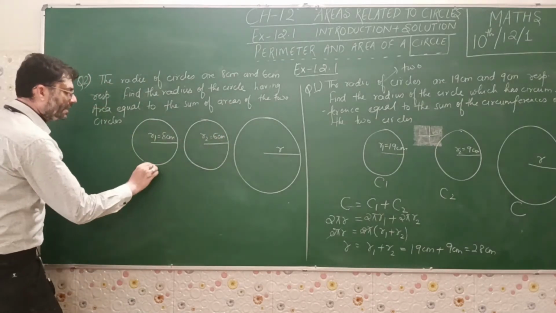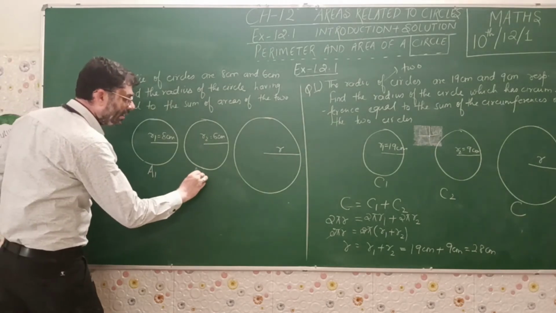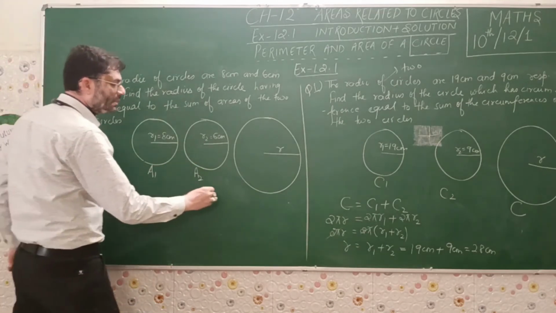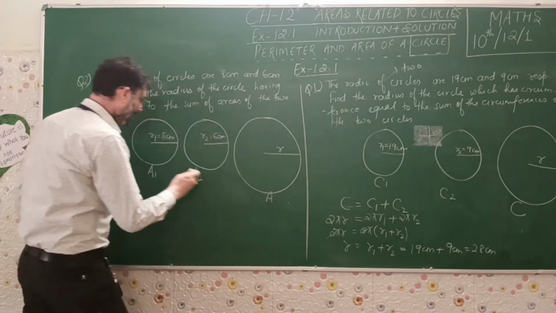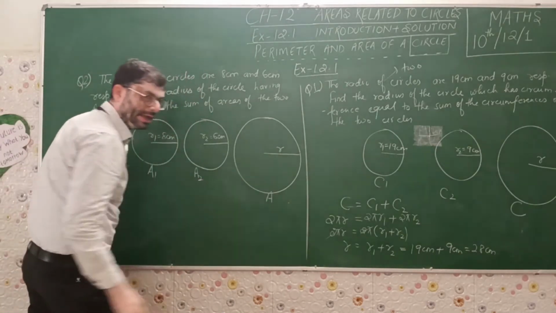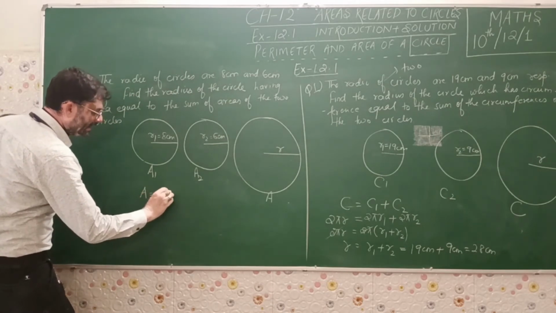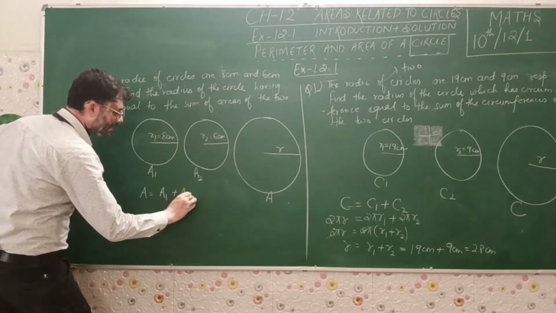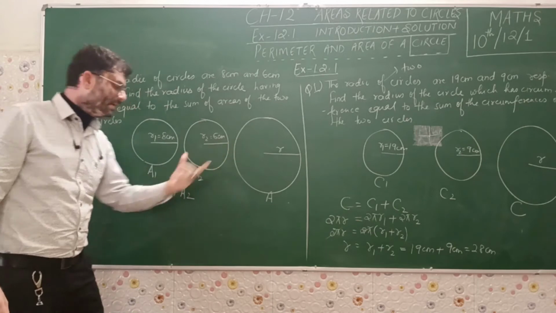Let the area of this circle with radius 8 centimeter be A1, the area of the circle with radius 6 centimeter be A2, and the area of the required circle be A. So an equation can be derived that area A is equal to A1 plus A2. The sum of the areas of these two circles will be equal to the area of the third circle.